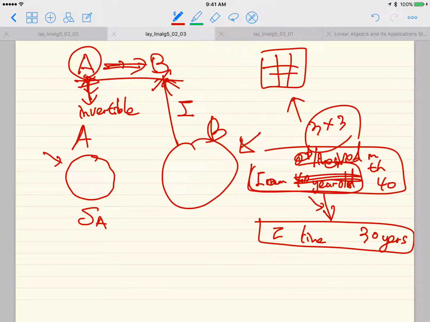But what about the other direction? If someone says, okay, I lived more than 30 years, then it's not always true that I lived more than 40 years, right? So in this situation, if this first statement is true and then the second one is automatically true, then which one should be the bigger set?